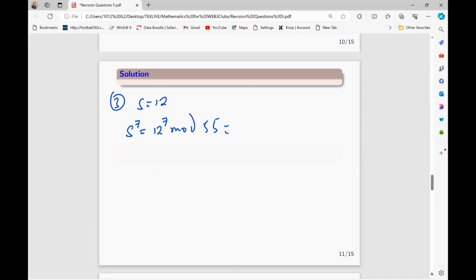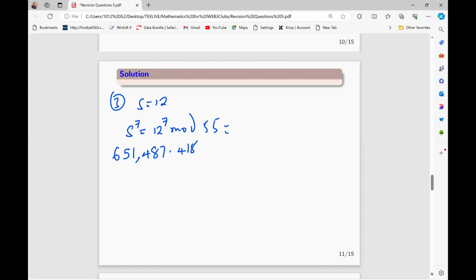12 raised to 7. Oh, I'm getting that 5 million is a small number. Just use your calculator. 12 raised to 7, then divided by 55 and take the remainder. 55 goes there 651,487 times.